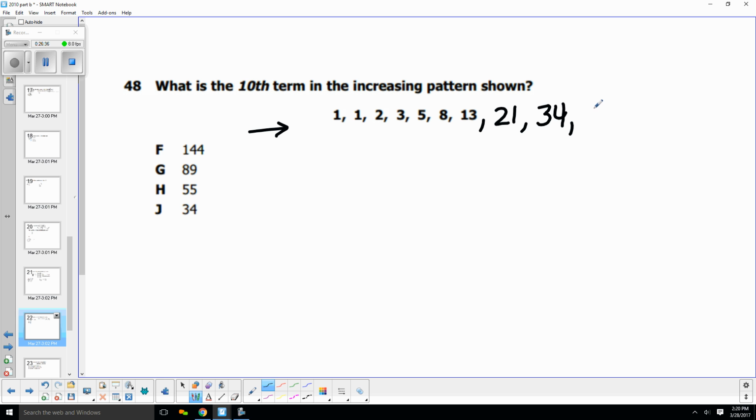Next number? And next? Now, I want the 10th term, so we have to count from the beginning. 1, 2, 3, 4, 5, 6, 7, 8, 9, and 10. So 55 is your answer.